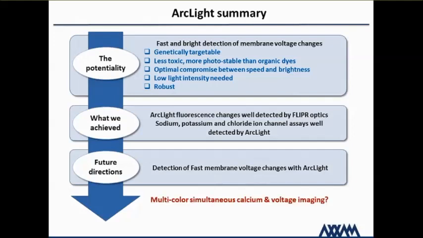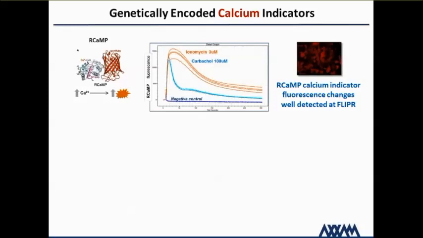And thanks to the nice spectral purity of Arclight, we decided to validate this sensor in combination with a red fluorescent calcium sensor in order to set up multicolor, multiparametric experiments for the simultaneous detection of voltage and calcium changes. We used the AXXAM genetically encoded calcium sensor based on the mRuby fluorescent protein, which senses increasing intracellular calcium as an increase of orange fluorescence.